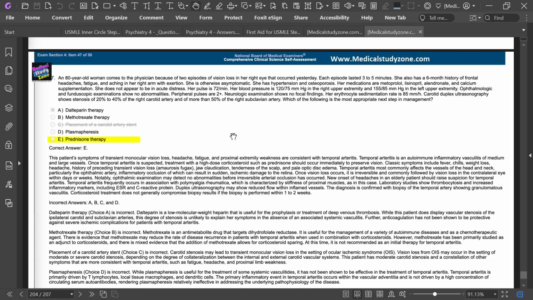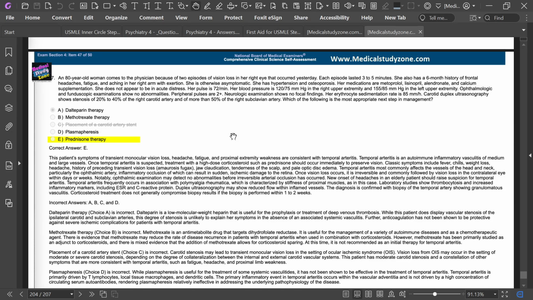I want to add one thing: if a patient with giant cell arteritis has vision loss, then we should give pulse high dose IV glucocorticoid, like methylprednisolone 1000 milligrams for 3 days, followed by 40 to 60 milligrams of glucocorticoid.